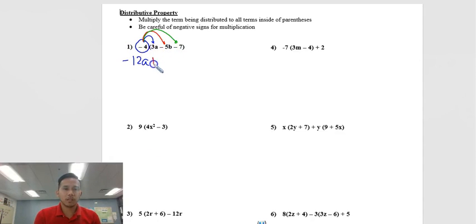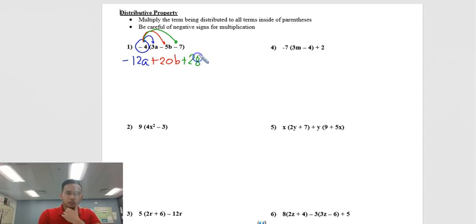Negative times negative gives us positive, and 4 times 5 is 20, and then you copy b, so that will be 20b. The last one is negative 4 times negative 7. Both are negative, so we have positive 28.